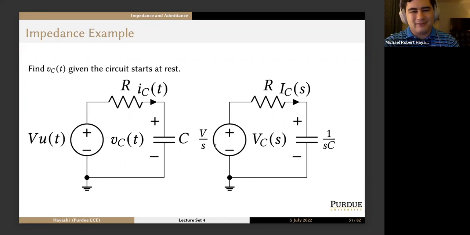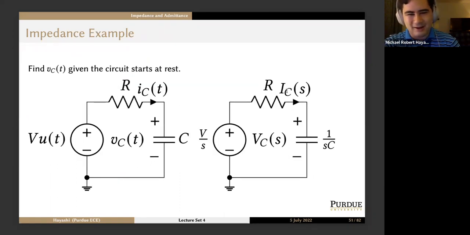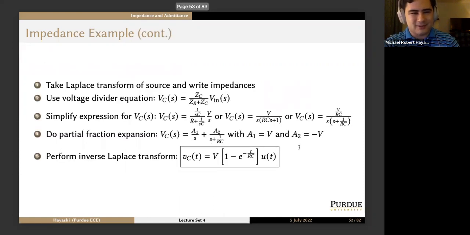So now we have a source with 2 impedances. Wait a minute, 2 impedances. Impedances act like resistance. We can just use a voltage divider equation. We're very familiar with, if we have 2 resistances, how to find the voltage across the lower resistor, given that they're in this configuration. Now we can use voltage divider with impedances.